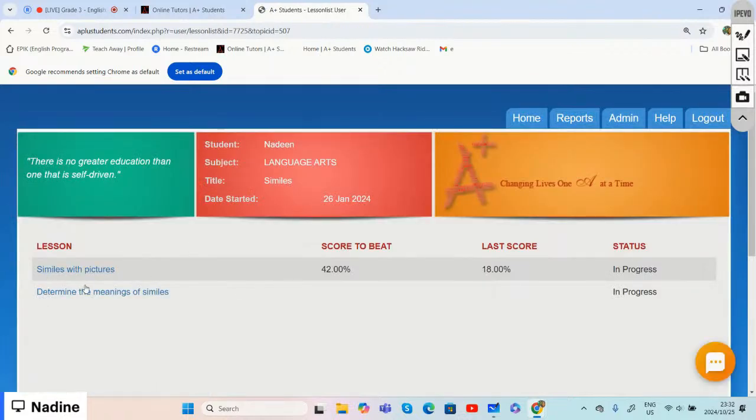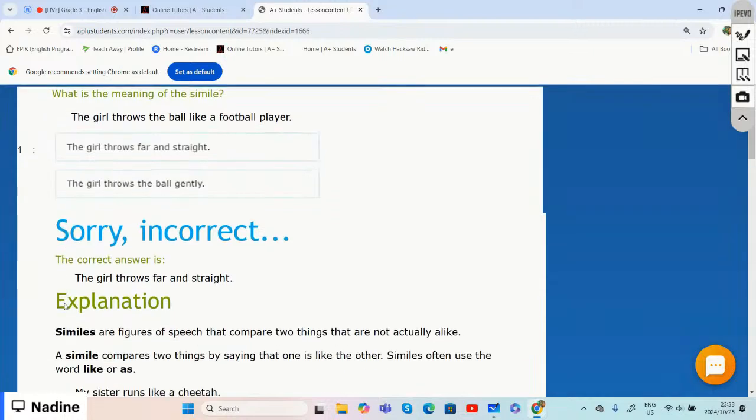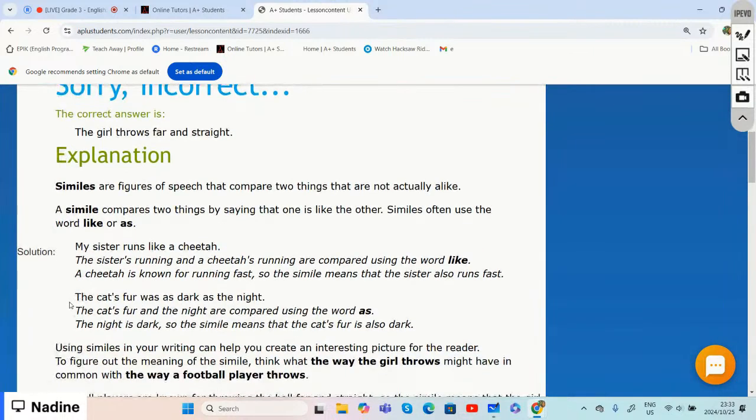All right, so now we're going to determine the meanings of similes. Once again, similes are figures of speech that compare two things that are not actually alike.